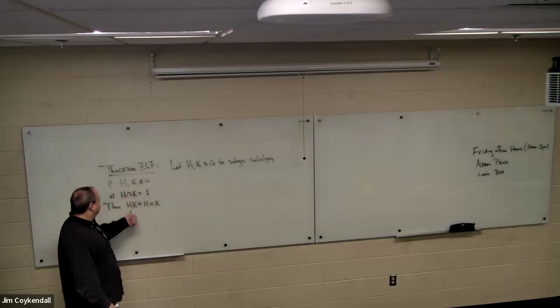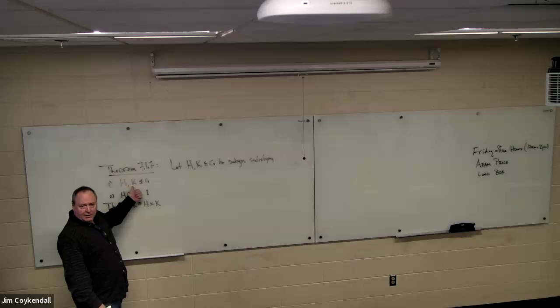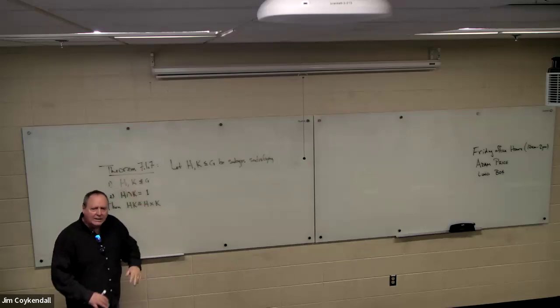First of all, let me point out, HK is always a subset of G, right? And here we know it's a subgroup because of this condition here. In fact, all we need is one of these to be normal. In fact, you don't even quite need that.